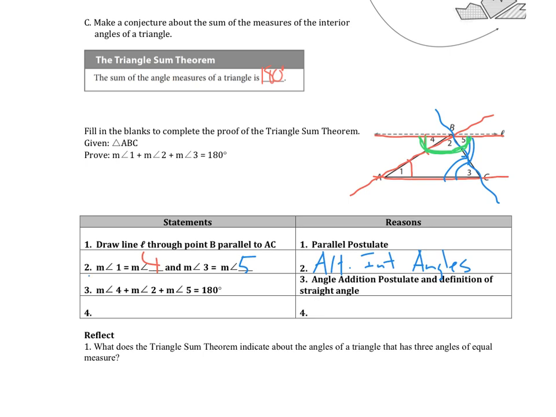Now, since we know that 1 is equal to 4, I can replace angle 4 with angle 1. And we know that angle 3 is equal to the measure of angle 5, so I can replace angle 5 with the measure of angle 3. And then angle 2 stays the same.